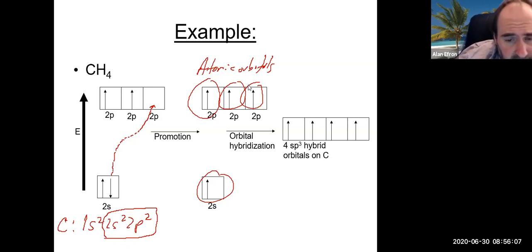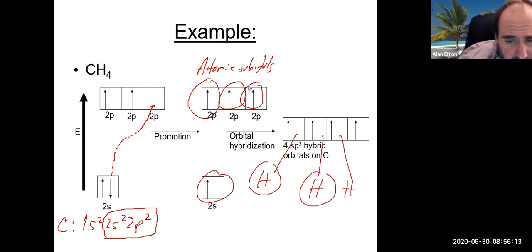And that's good because each of them can make a bond with hydrogen. And it would be a bond between the sp3 hybrid orbital in carbon and the 1s orbital in the hydrogen. Hydrogen will not hybridize because it only has 1 electron, so it won't go through hybridization, so it will just be 1s.